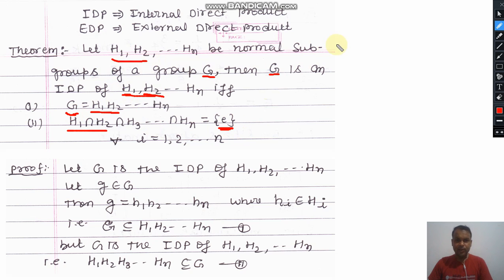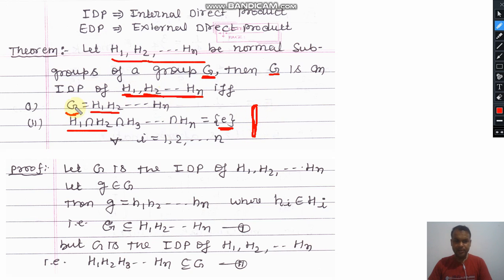This is the generalization of this theorem. Now we are taking n normal subgroups of a group G, and this group G can be written as the internal product of these n normal subgroups. Then these two conditions will be satisfied.